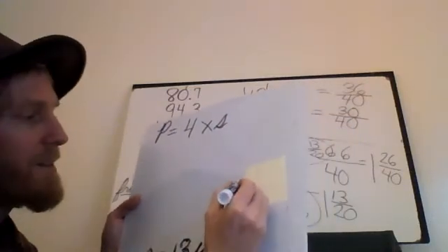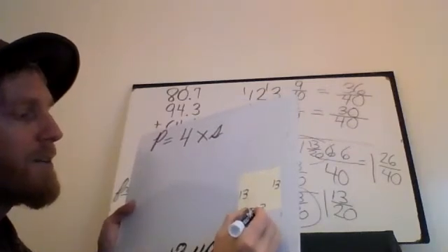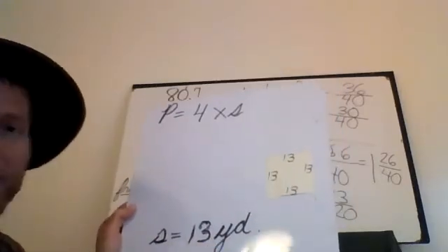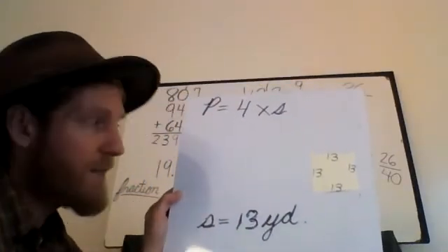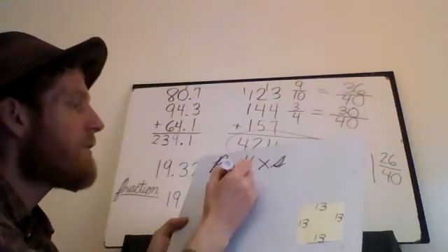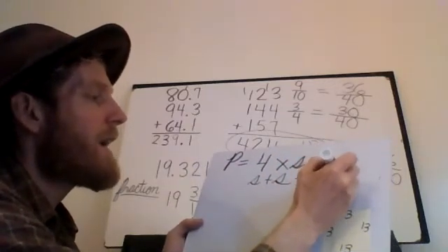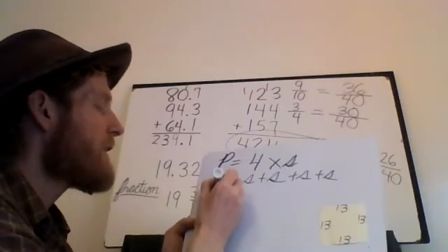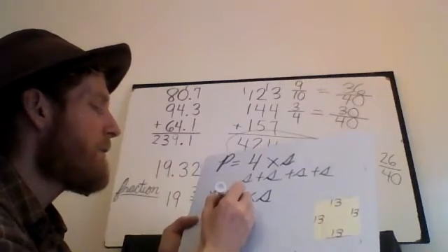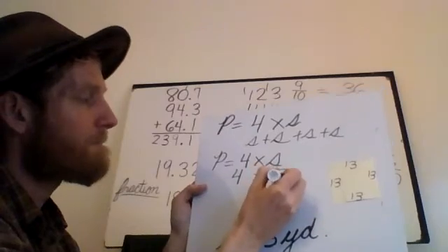So essentially, it's like this. There's 13 here, 13 on this side, 13 on this side, 13 on this side. But it's redundant, you only need to know one side, right? And once you know the one side, you can figure out all the sides. So you could do that, or you could do S plus S plus S plus S. To me, it's easier just to go 4 times S. 4 times S, or 4 times 13.